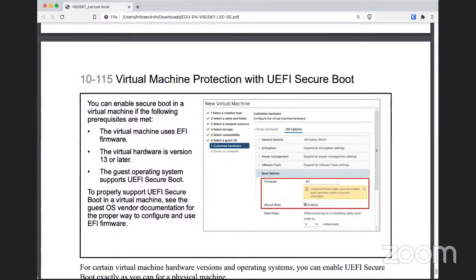It is also possible to secure the guest operating system with EFI or secure boot. So you'll have not only secure boot on the local host, but you'll also have it in the VM.